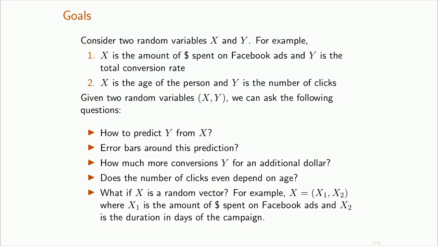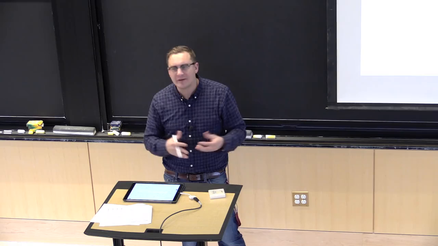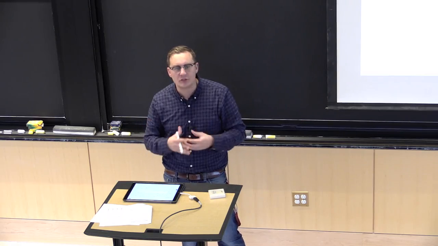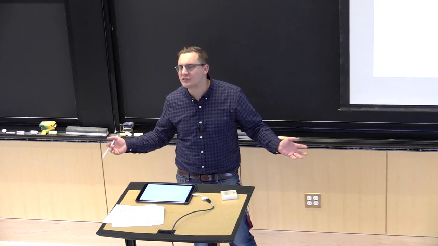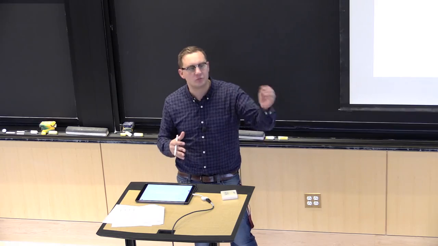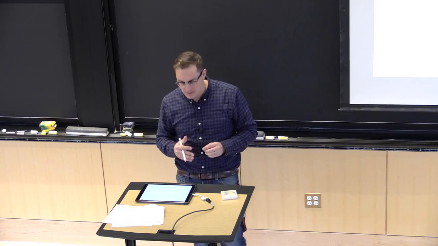Maybe you want to combine age and amount of dollars spent and duration of the campaign. You can do a bunch of different things to combine and try to have a better prediction. And that's what machine learning is all about. When you do modern machine learning, you collect as many observations as you can, and you try to put them together to predict something that's going to happen.